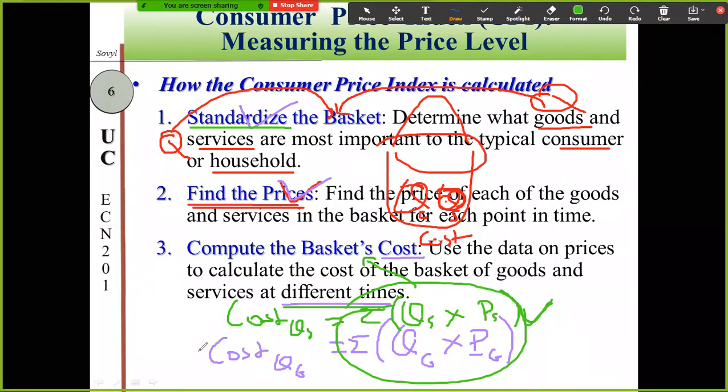That's why the cost that you pay is not the same from day to day, from week to week, from month to month, even though you buy the same goods.